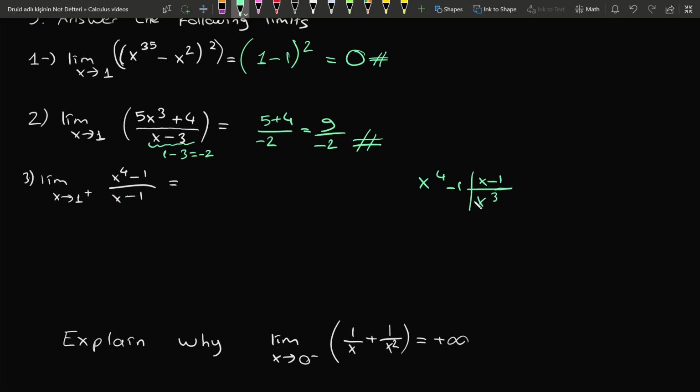For those who don't remember how to divide these, basically I'm trying to create the biggest power in the dividing that I'm doing, so I will save myself. I'm going to keep dividing until I can save myself from the x. So x cubed, and when I multiply these, I'm going to get this.